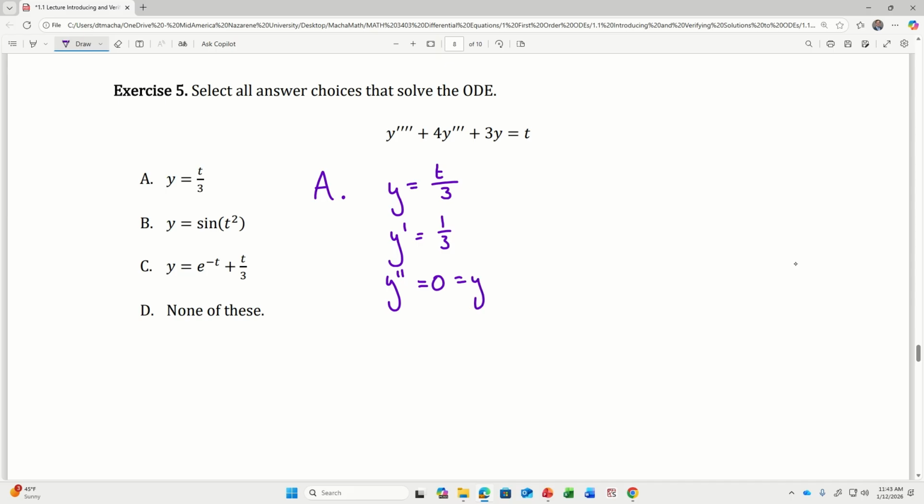And so where I see y triple prime and y quadruple prime, those are also just 0. So is it true that 3 times t over 3 is equal to t? True. So that's one solution.